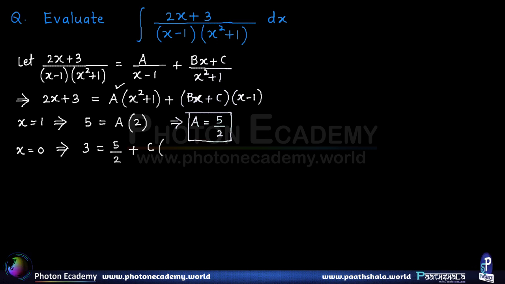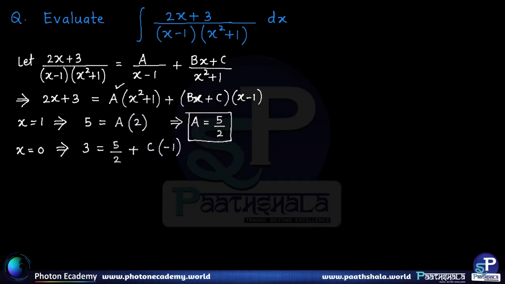So that is minus C. Bringing C to the left hand side, we have C as 5 by 2 minus 3. So that gives us minus 1 by 2. That is the value of C.